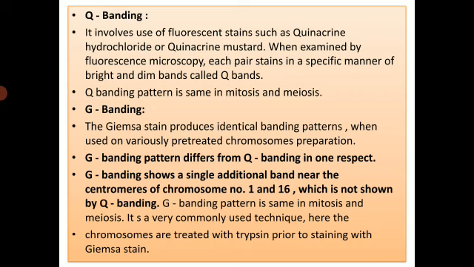G banding shows a single additional band near the centromere of chromosome number 1 and 16, which is not shown by Q banding. This is the specialty of G banding techniques. Now this G banding pattern is the same in mitosis and meiosis, and it is a very commonly used technique. Here the chromosomes are treated with trypsin prior to staining with Giemsa stain. Now what is this trypsin?